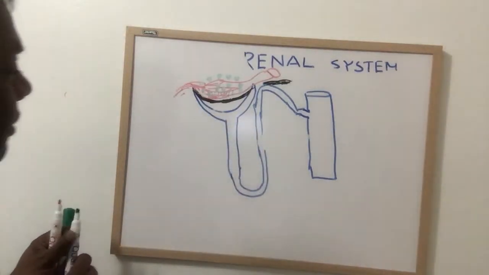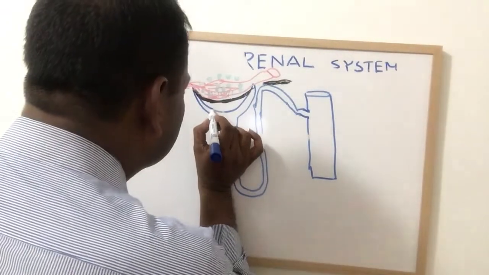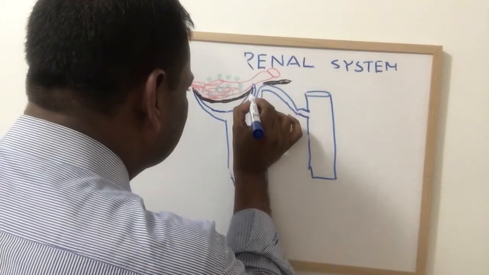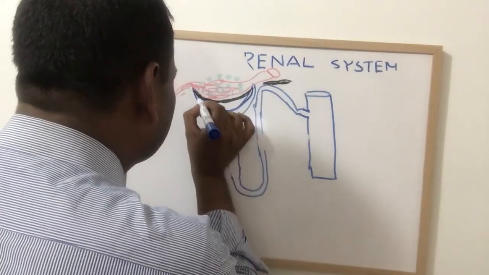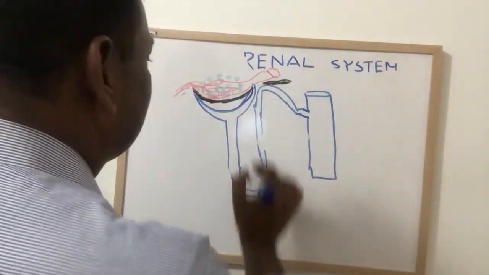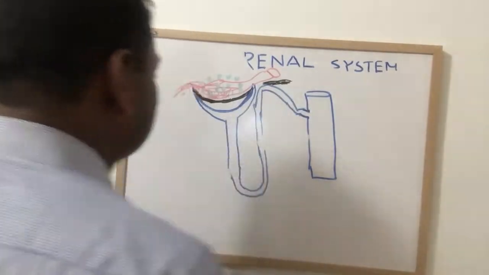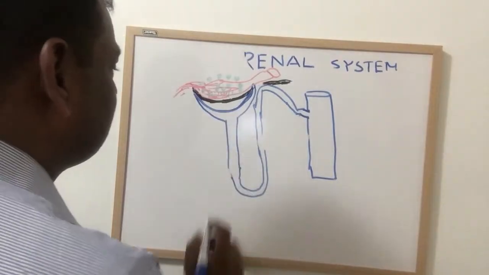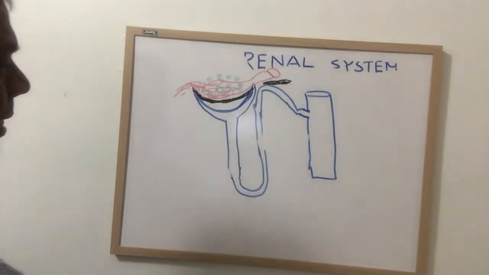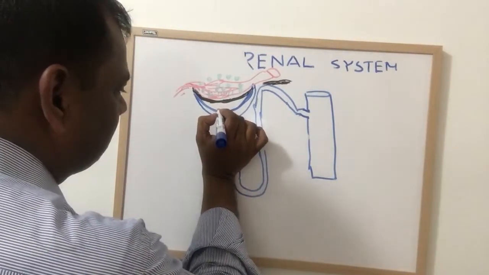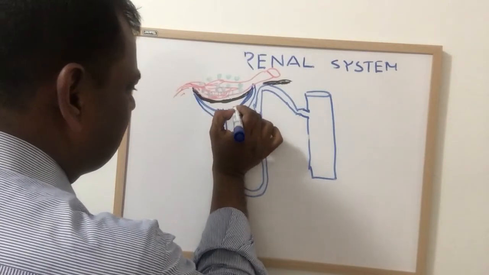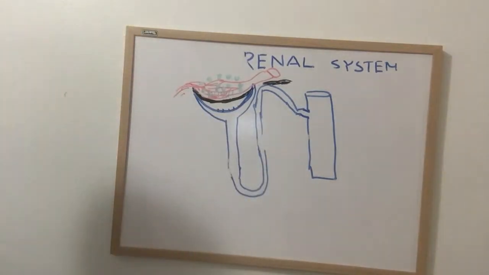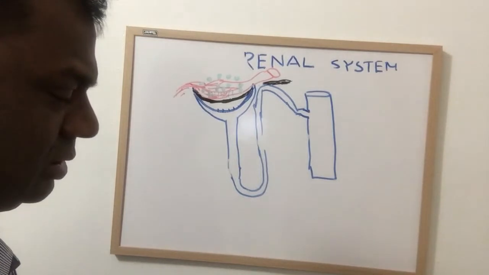Another pore here in the epithelium of the Bowman capsule. These pores are a little smaller, more microscopic. They are around 20 nanometers.